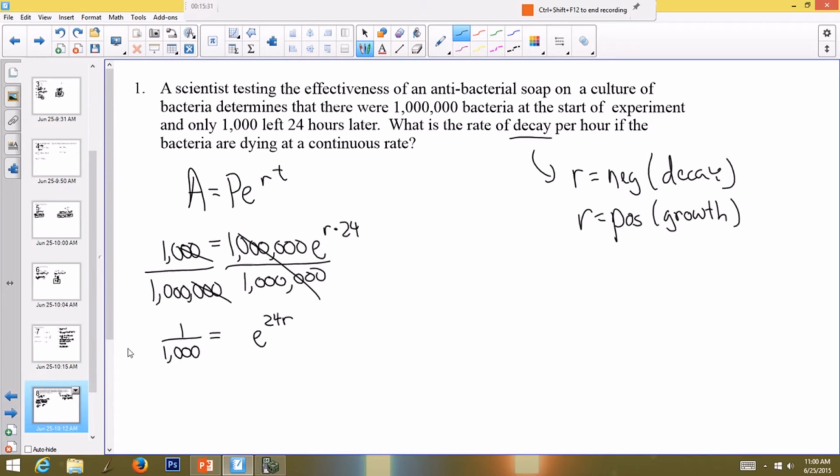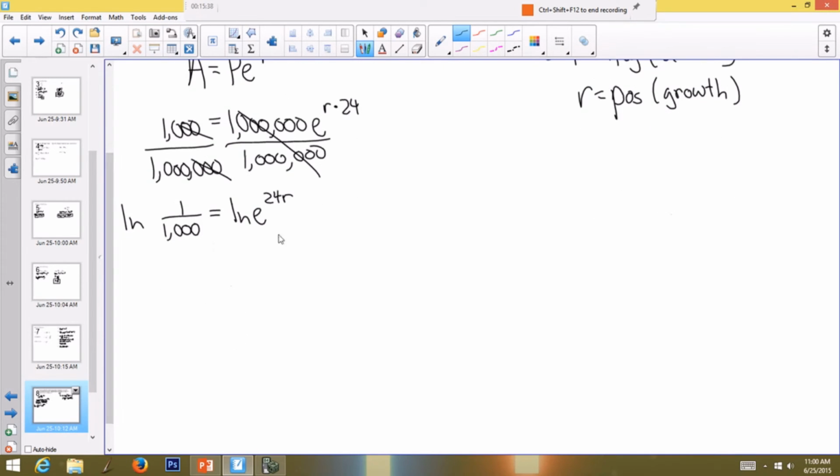And then we're going to take the natural logarithm of both sides. So I have the ln of 1 over 1,000 equals, bring the exponent down, so I have 24r ln e.